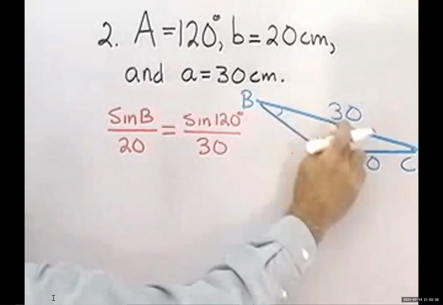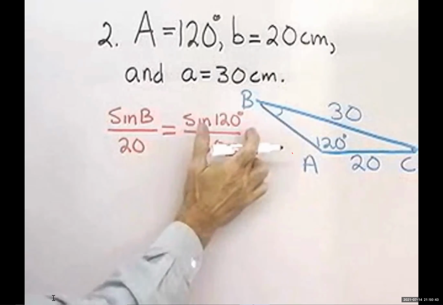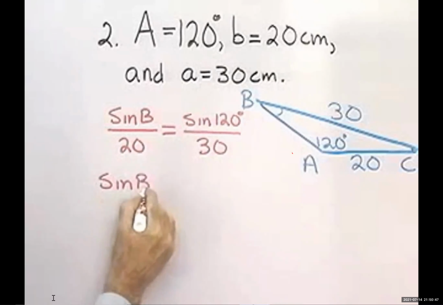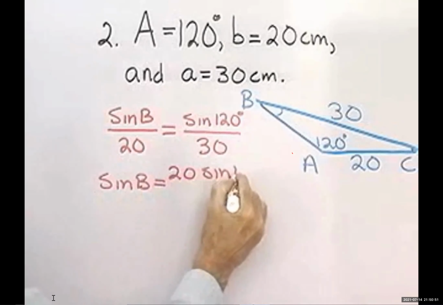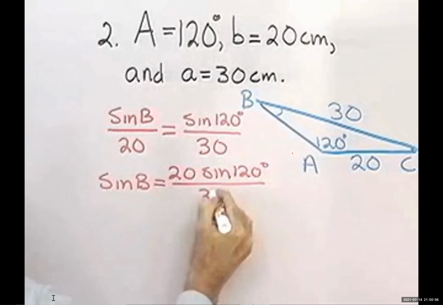So sine B is to 20 as sine A is to 30. That's my law of sines. I'll multiply both sides by 20, and I'll end up with sine B is equal to 20 sine 120, all divided by 30.